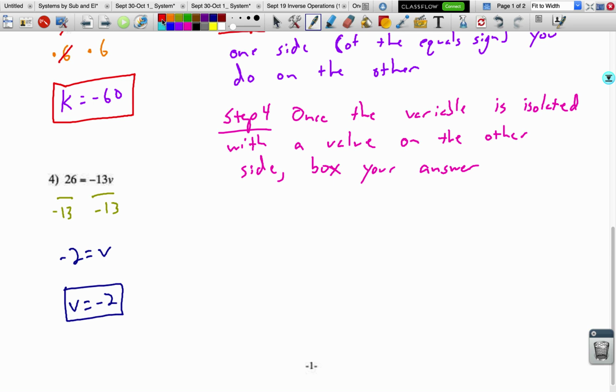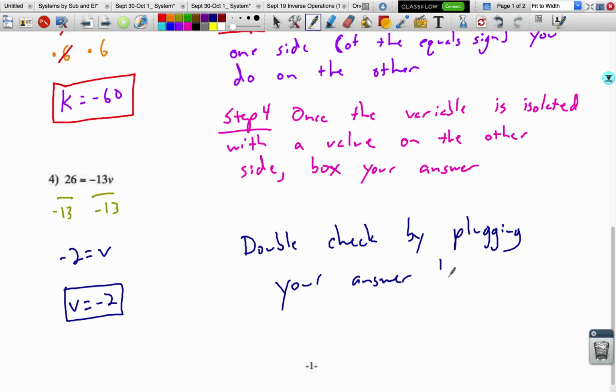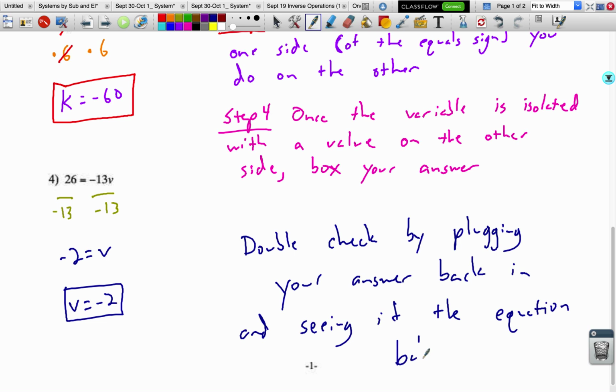All right, and the last thing we need to talk about is how to double check. You double check by plugging your answer back in and seeing if the equation balances.